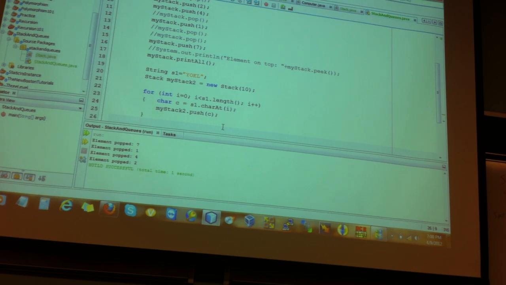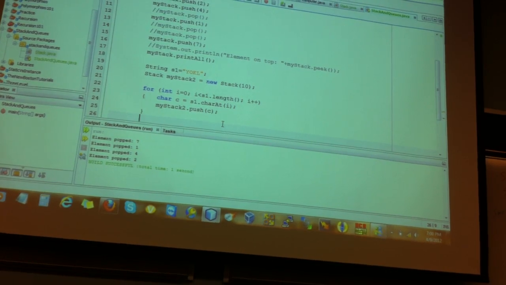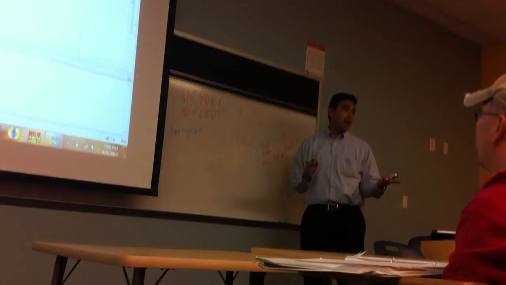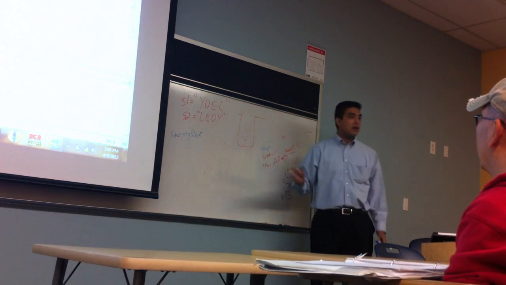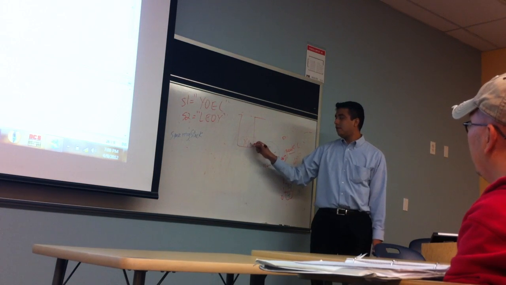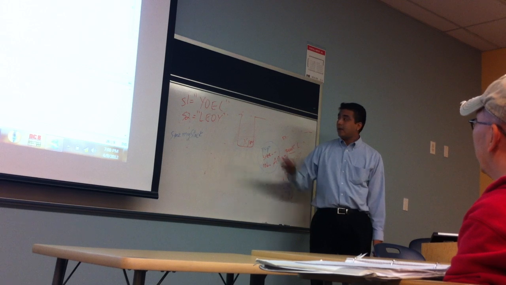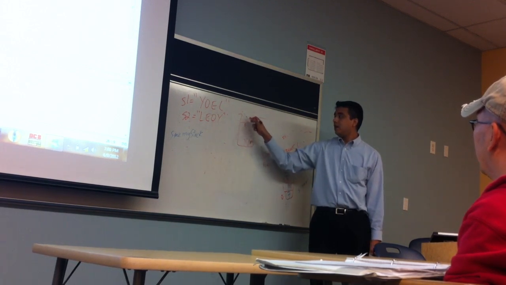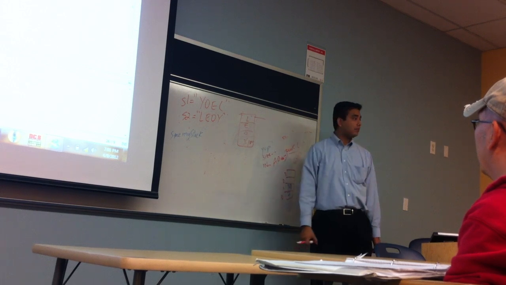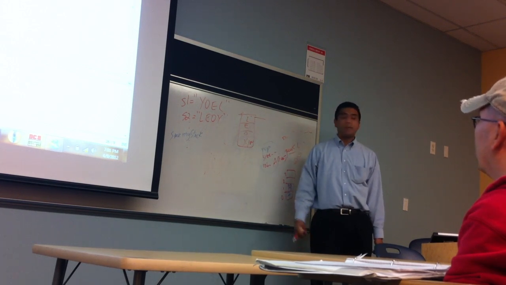So what am I doing? I'm taking Joel and pushing J, but as an integer, because it's a stack of integers. So I'm not really pushing J, I'm pushing the ASCII of J. Let's say it's 104, just to make a number. Then I'm pushing O. Then I'm pushing E. Then I'm pushing L. What do I need to do now?